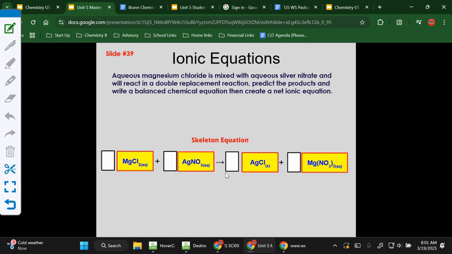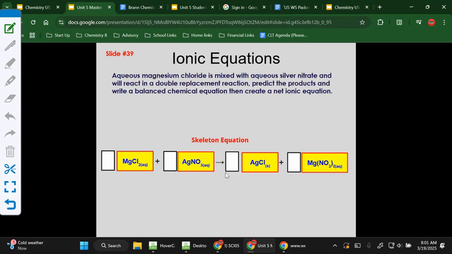What would tell you they are a gas? What would you put by a gas? A G. Is there a G here? No gas then. The third thing that could tell you this reaction happens is you can find a precipitate.